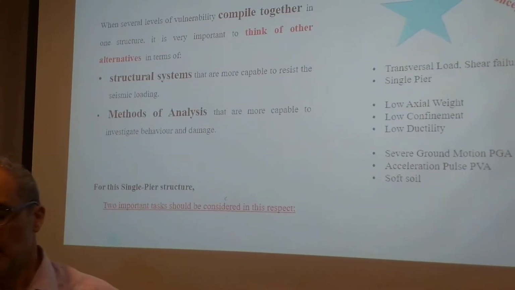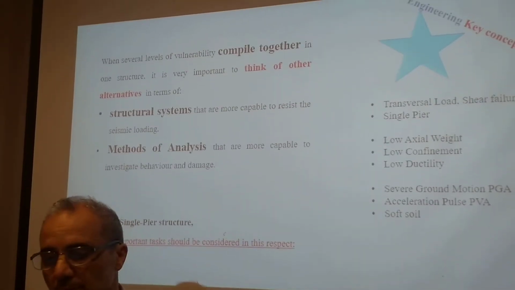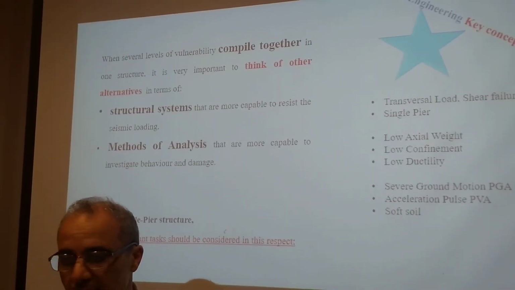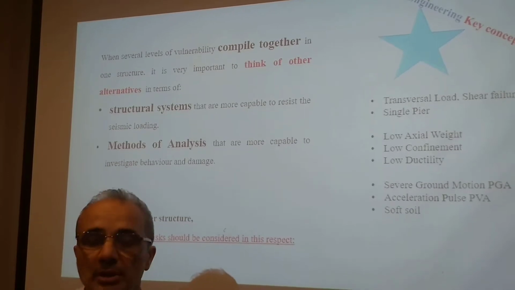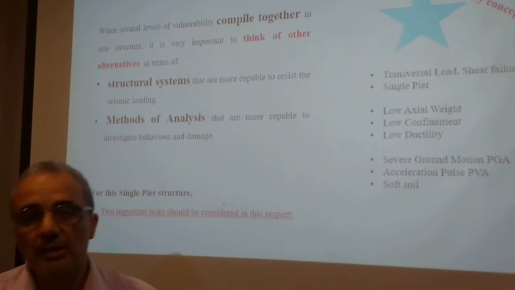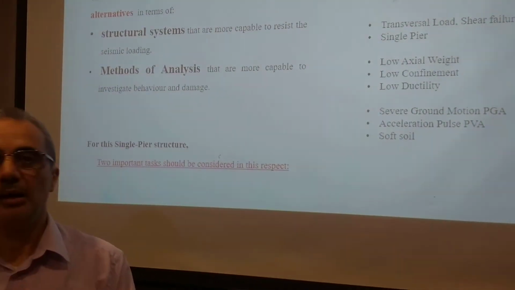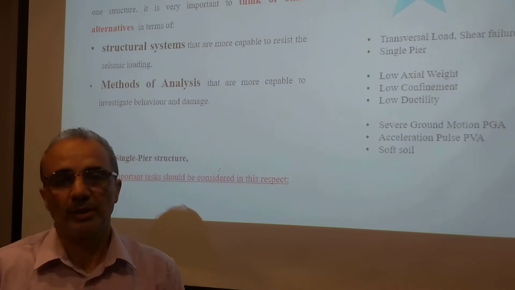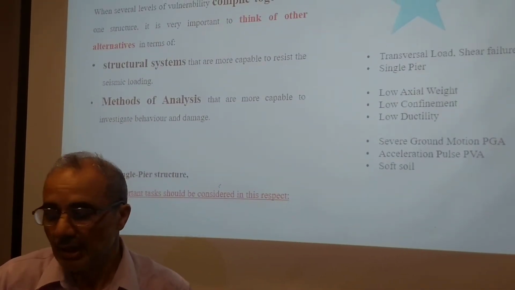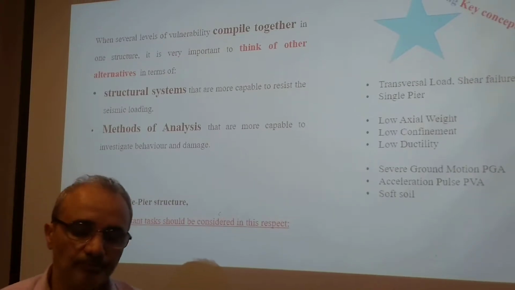Now, when several levels of vulnerability combine together in one structure, it is very important for engineers to think of other alternatives in terms of structural systems and in terms of methods of analysis. And this is what I consider an engineering key concept.